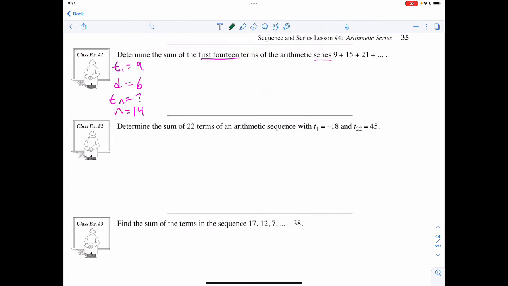So I can plug that into my formula and say that the sum of the first 14 terms is going to equal the number of terms multiplied by 2 times the first term, which is 9, plus n, or 14, minus 1, times my common difference of 6, all divided by 2.